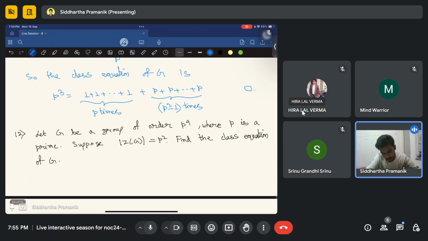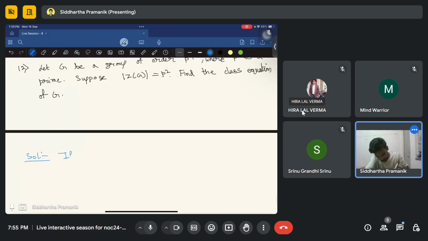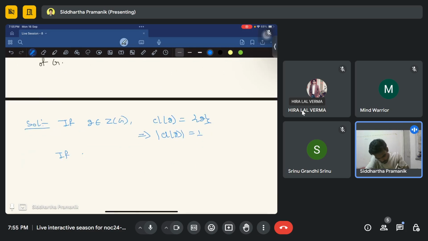We will do it by the same method as in the previous one. If g belongs to Z(G), then the conjugacy class is a singleton, that we know, so the conjugacy class has order 1. If g does not belong to Z(G), then what happens? Then Z(G) is a proper subset of the centralizer, and the centralizer is a proper subset of the group.